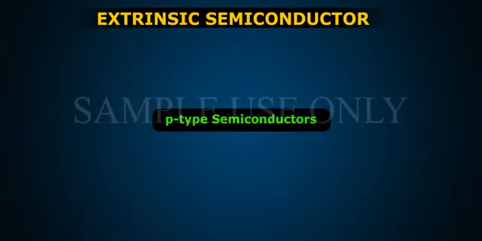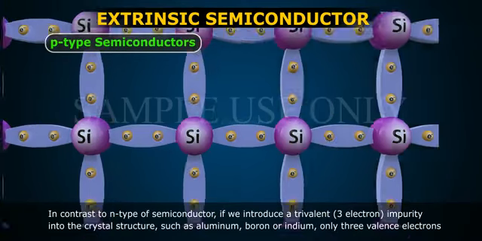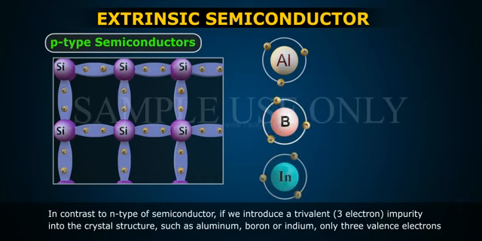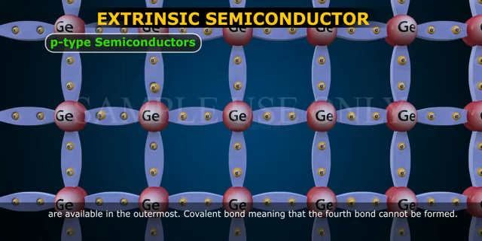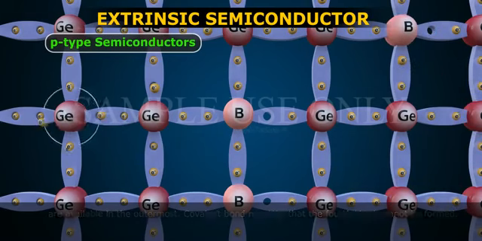P-type semiconductors. In contrast to N-type semiconductors, if we introduce a trivalent, 3-electron impurity into the crystal structure, such as aluminium, boron, or indium, only 3 valence electrons are available in the outermost covalent bond, meaning that the 4th bond cannot be formed.